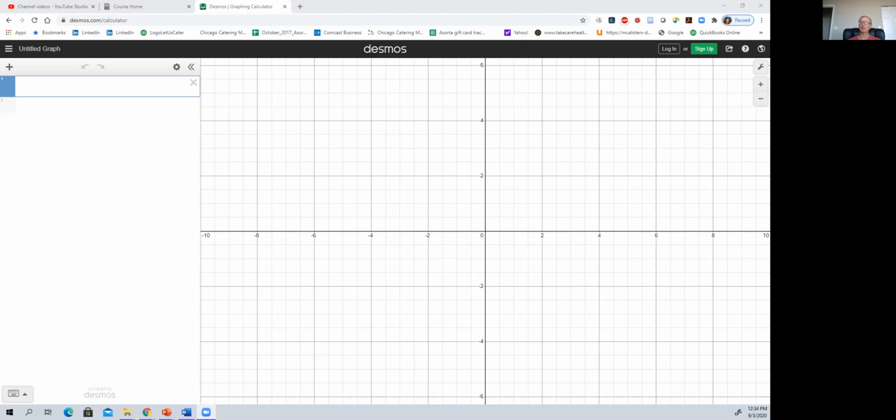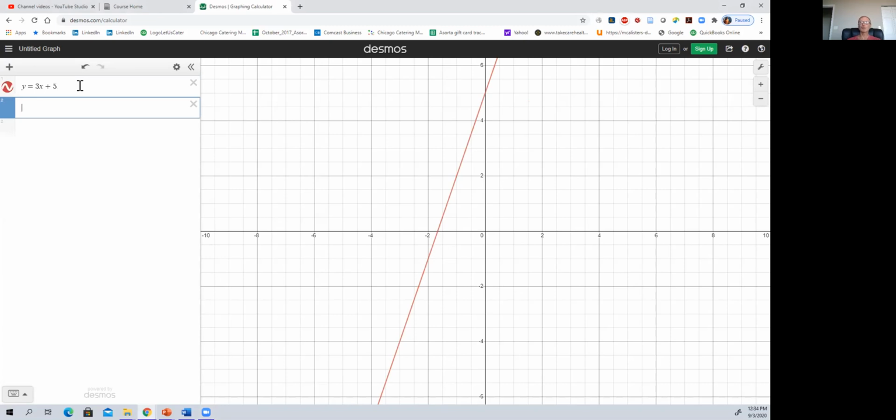As I mentioned before, Desmos is a really good tool that will graph these equations for you. So I'm not going to ask you to graph these, but just pull up Desmos and type in a few equations. So let's take a look at a few of them. Let's start with the linear equation, y equals 3x plus 5.